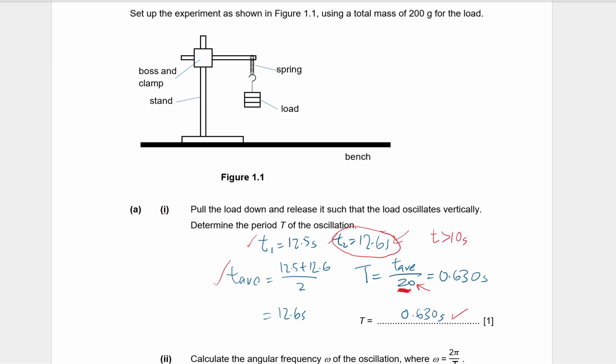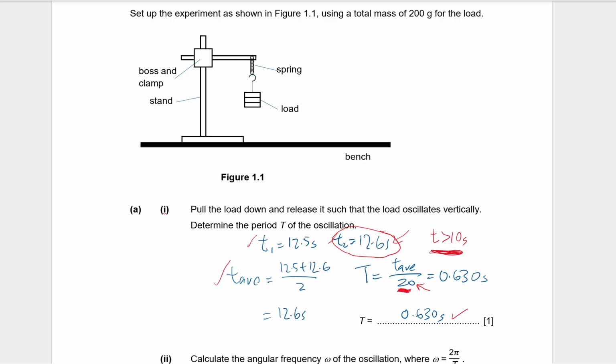Therefore, I know I need to increase the number of oscillations so that my total time taken is above 10 seconds. This is so that my fractional uncertainty in terms of time is below a certain comfortable number, all right? So I want the value I measure to be reasonably high as opposed to the uncertainty of my human reaction time, which is 0.3 seconds. Okay, so that's why I need small t to be above 10 seconds, right?